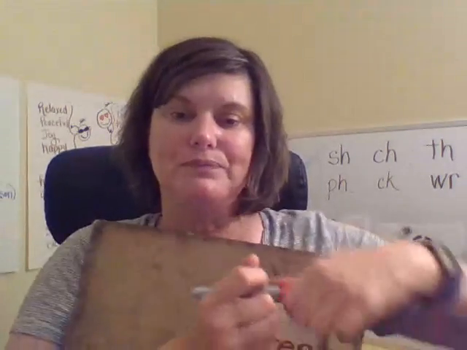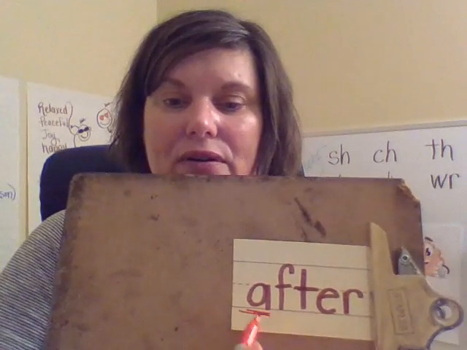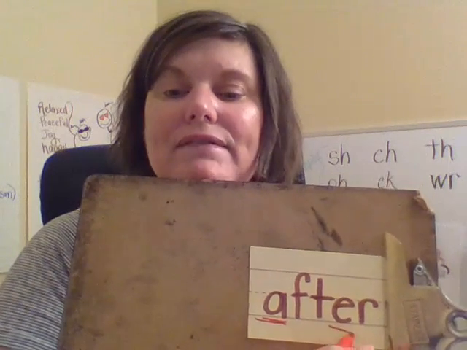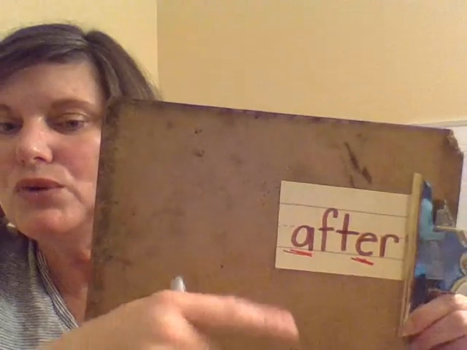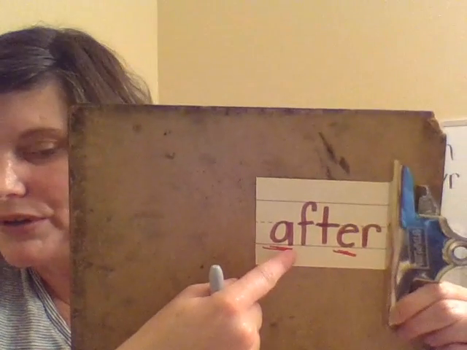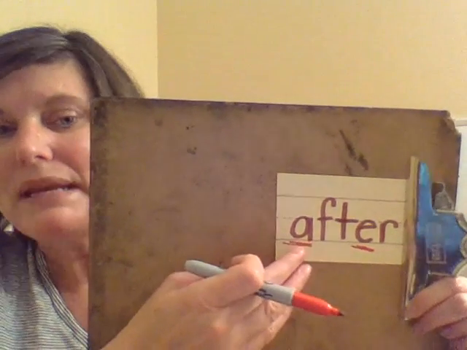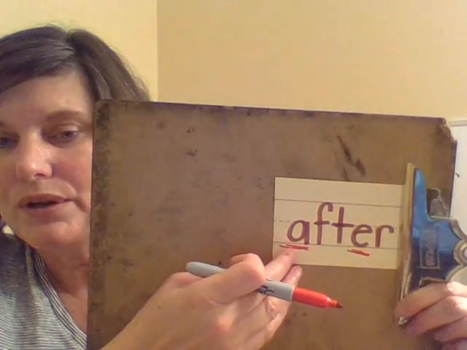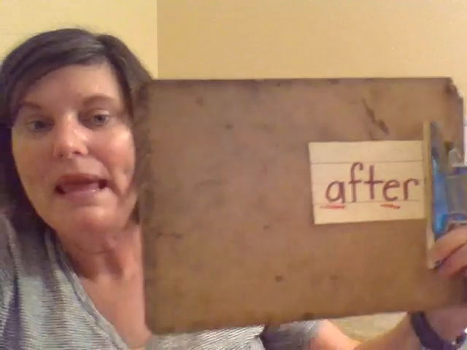Let me put this on a clipboard. So I see a vowel here, and I see a vowel here. Because the vowels are not together, they're apart, you know how many syllables are in a word depending on how many vowels there are, unless the vowels are paired together.